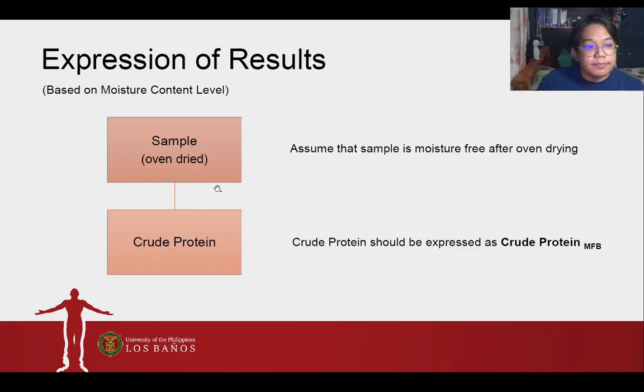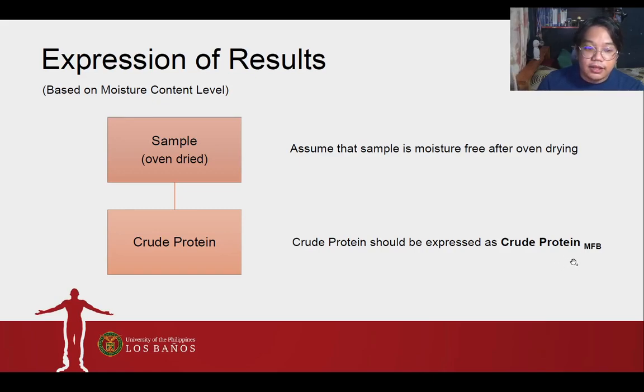So, the next part, after ma-determine yung moisture content, the oven-dried sample will now be subjected to crude protein determination. So, kapag in-express niyo na yung value ninyo for crude protein, dapat makita natin 'to, no? It must be expressed as crude protein MFB. Ang MFB ay moisture-free basis.